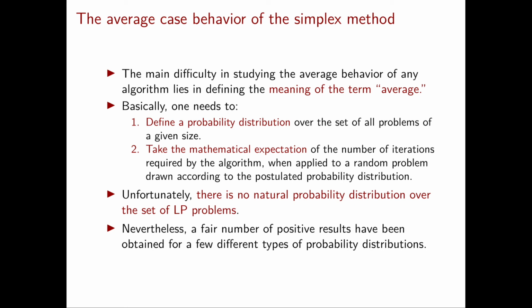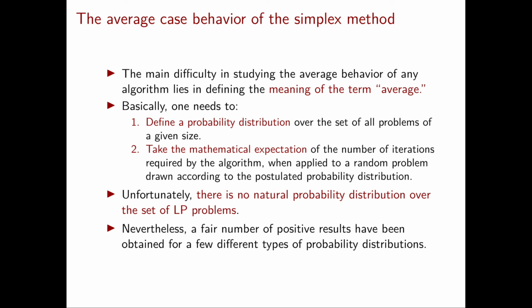Its main difficulty lies in defining the term average. In fact, in order to define average, first you need to define a probability distribution over the set of all the problems. Then you need to take the mathematical expectation on the number of iterations required by the algorithm.